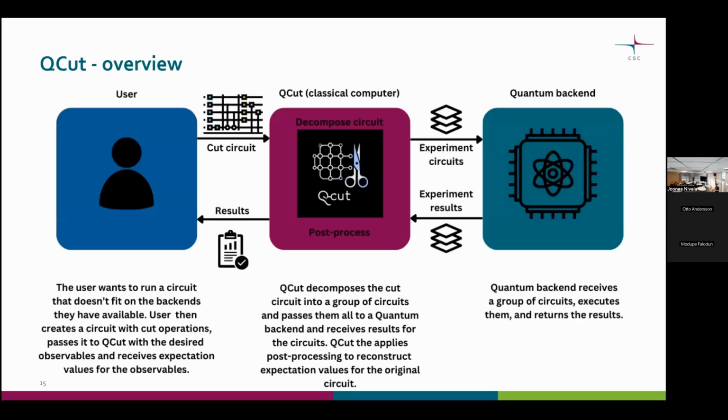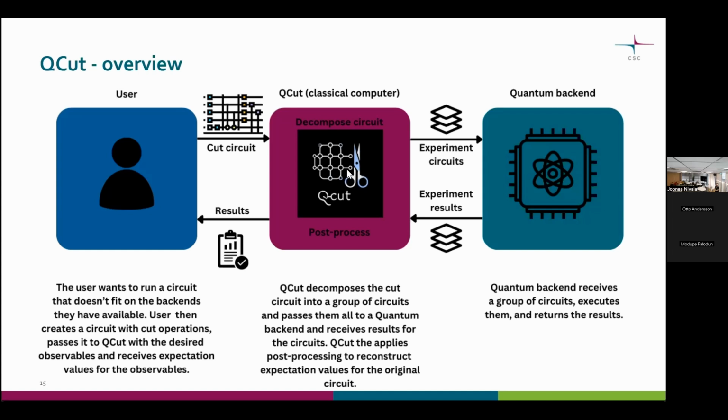And just to give a brief overview of how QCut works. First, the user makes their normal standard Qiskit quantum circuit. And QCut defines this new custom operator called wirecut. You can insert this wirecut into your circuit, into the spot where you want to cut it. And then you pass this circuit into QCut.